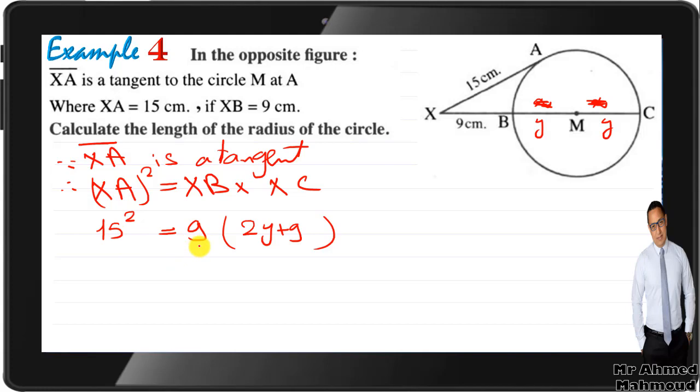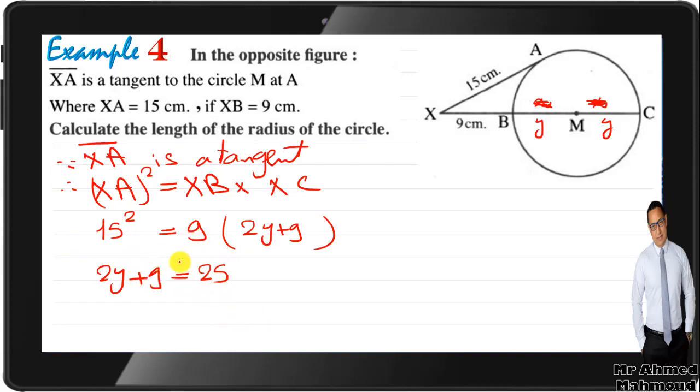So I'm going to send 9 by division, so 2Y plus 9 equals 225 divided by 9 equals 25.